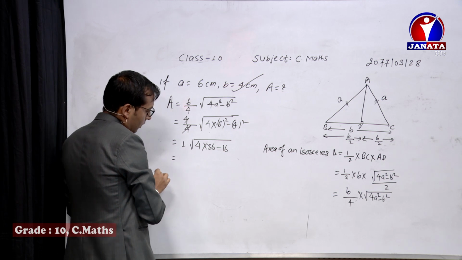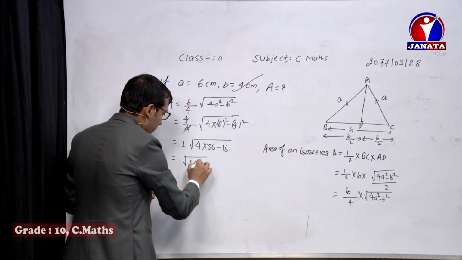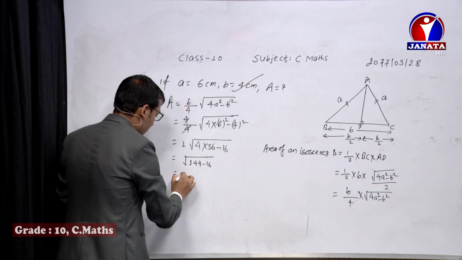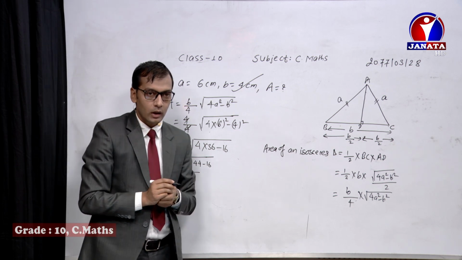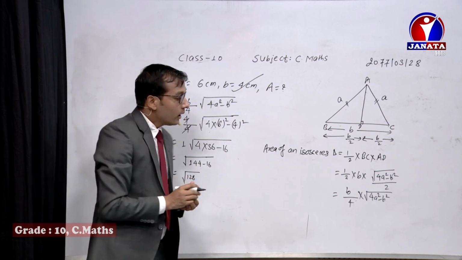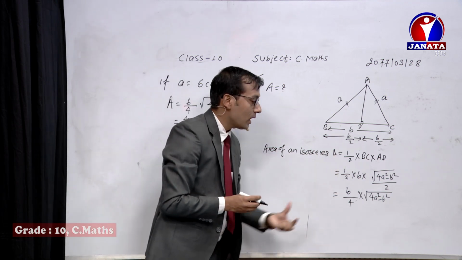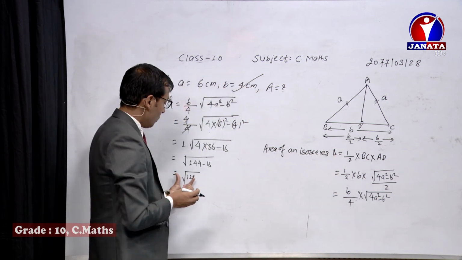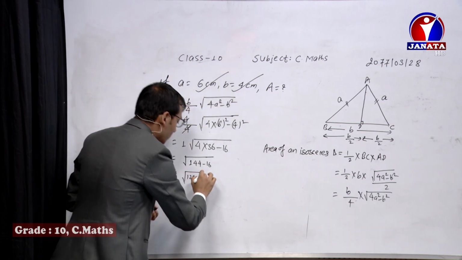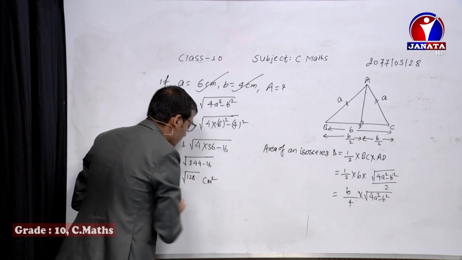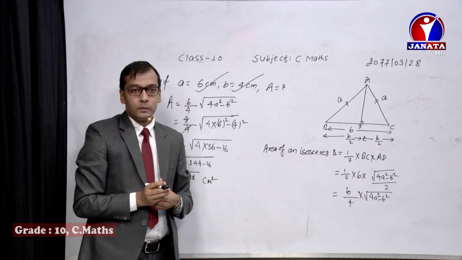It gives a square root of 144 minus 16. This is square root of 128. Similarly, we can find the area of the triangle when A and B are known. The unit of side is centimeter, so this is cm square, and we can take out from the square root.